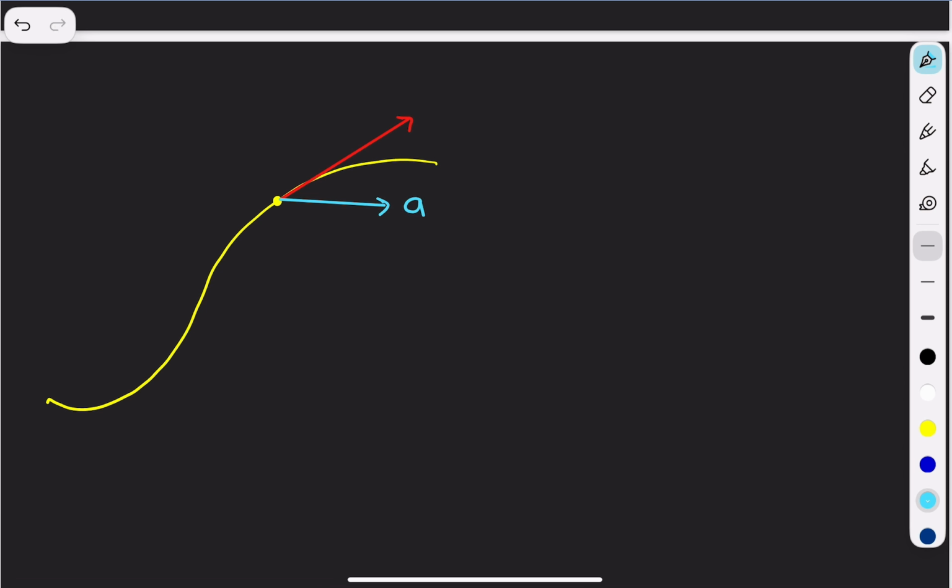So this particle is moving on this part of a circular element. If I make it with a circle, this is moving on this circle. So it will need a centripetal acceleration towards the center.